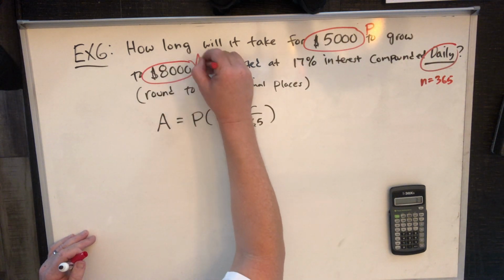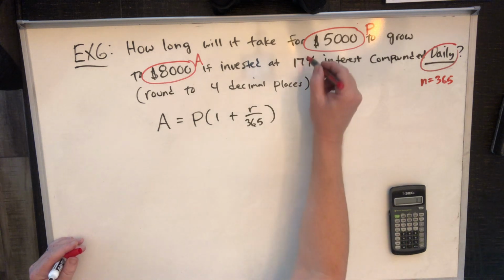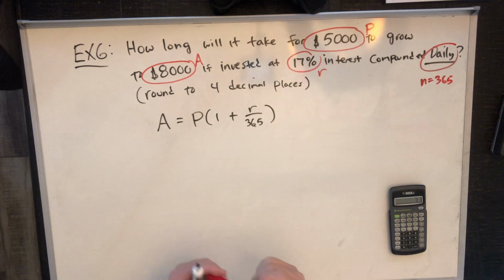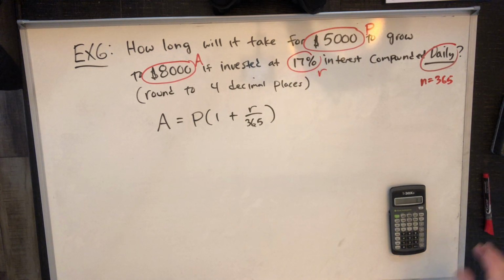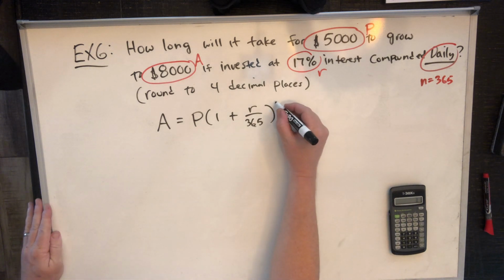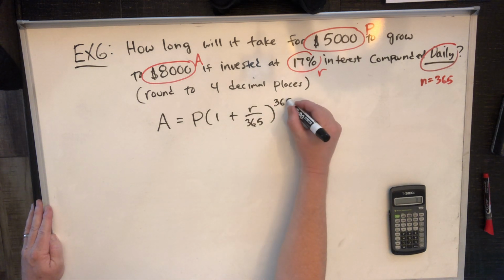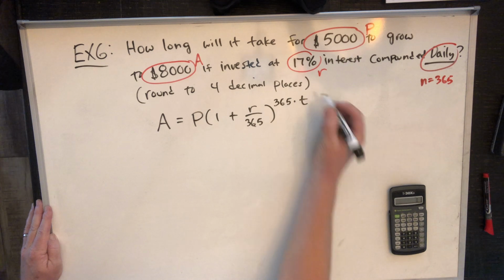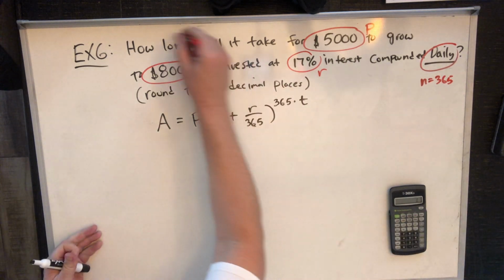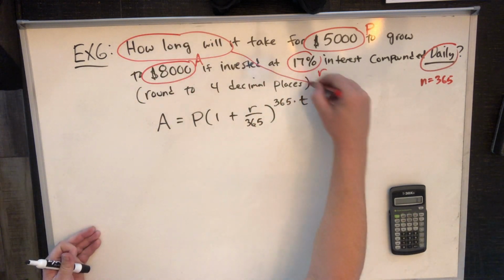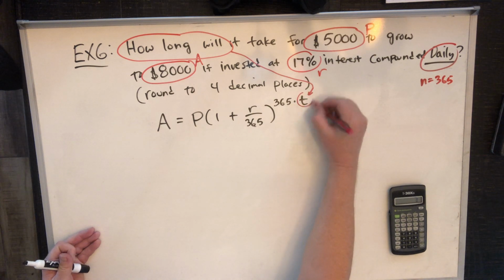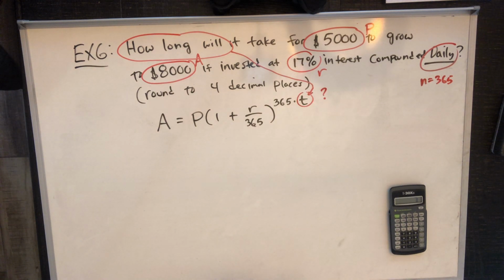Our future value is 8,000, and our interest rate is 17/100 or 17%. But our t is the unknown value. So we're solving for t.